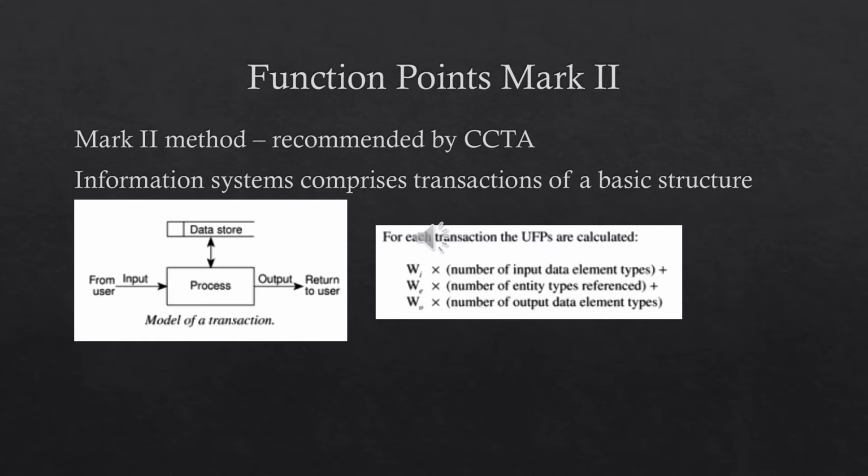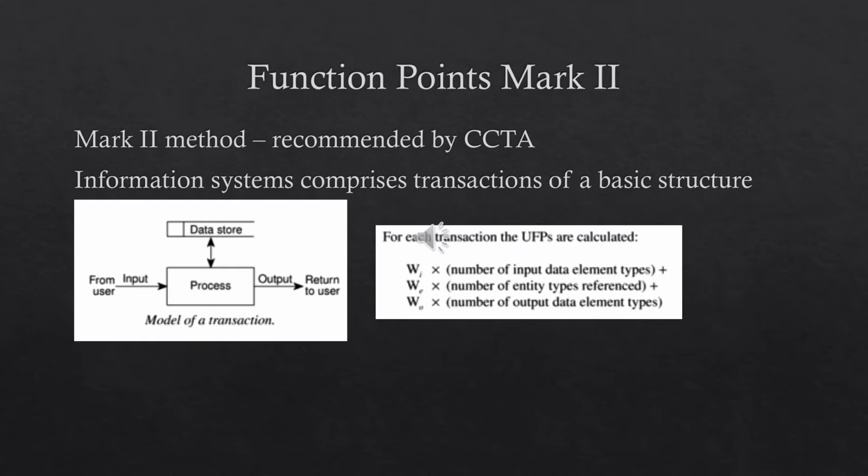And WO is the weight for output. The weight for input is multiplied by the input data elements, the weight for entity is multiplied by the entity types, and WO, the weight for output, is multiplied by the output data elements. These are added, and we get the UFP for each transaction.